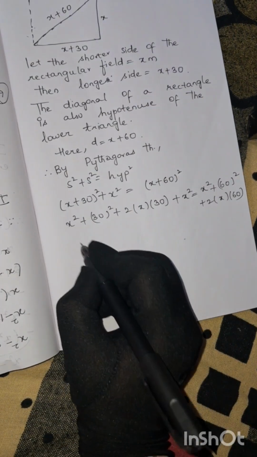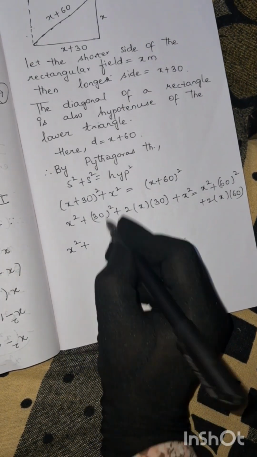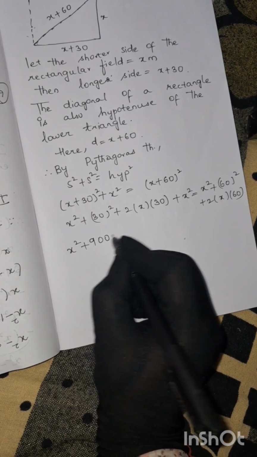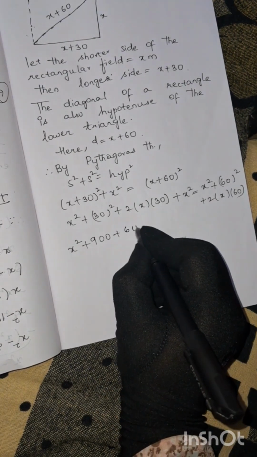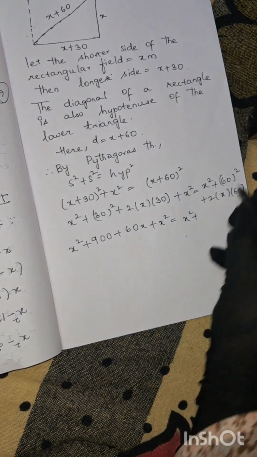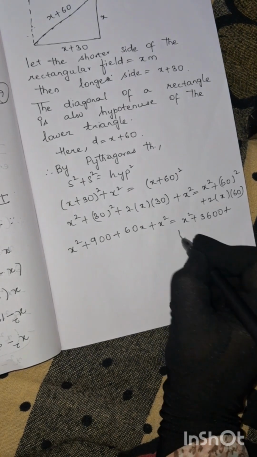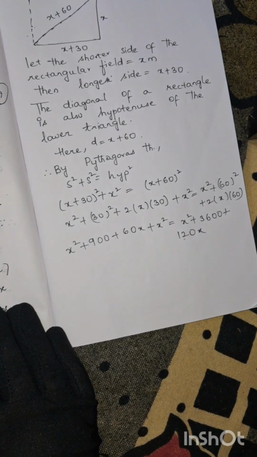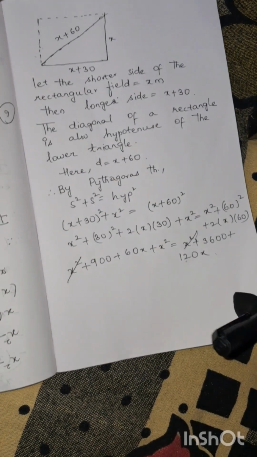Next, x square plus 30 squared, 900, plus 2 times 30 is 60x, plus x square is equal to x square plus 60 squared, 3600, plus 2 times 60 is 120x. The x square cancels because it is on the other side, right?